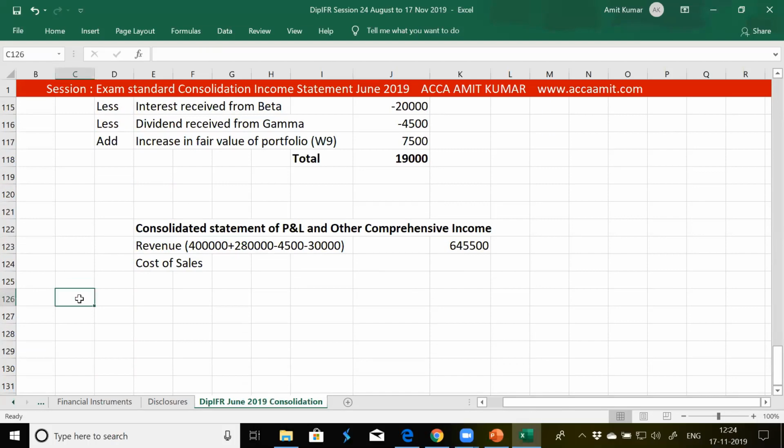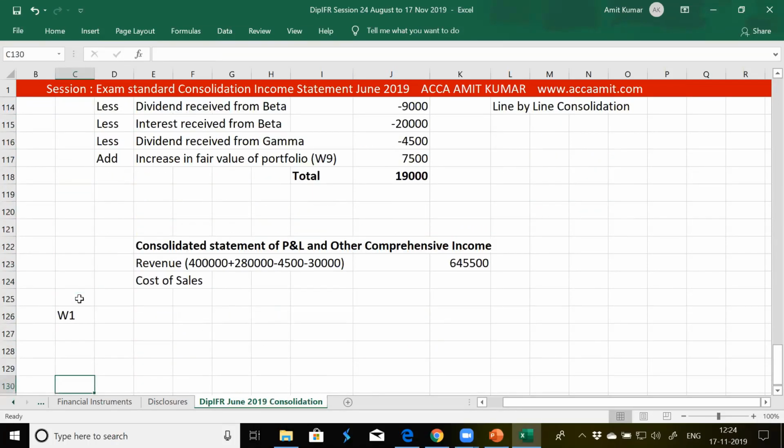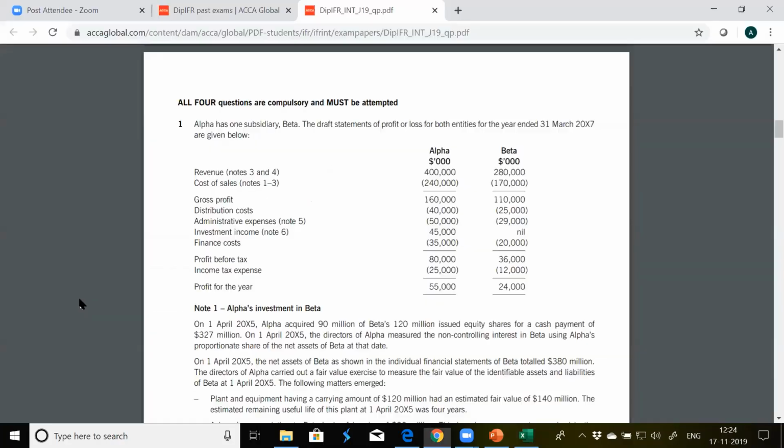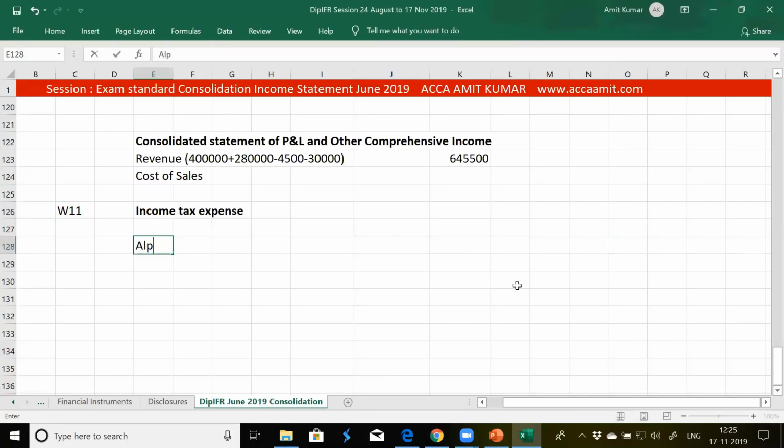working note number 11, income tax expense. What is the balance of income tax expense? It is 25,000 plus 12,000, Alpha plus Beta. 25,000 plus 12,000 is equal to 37,000.